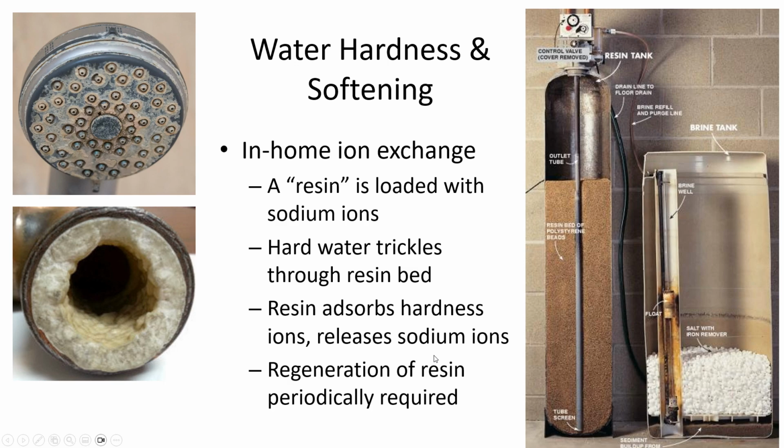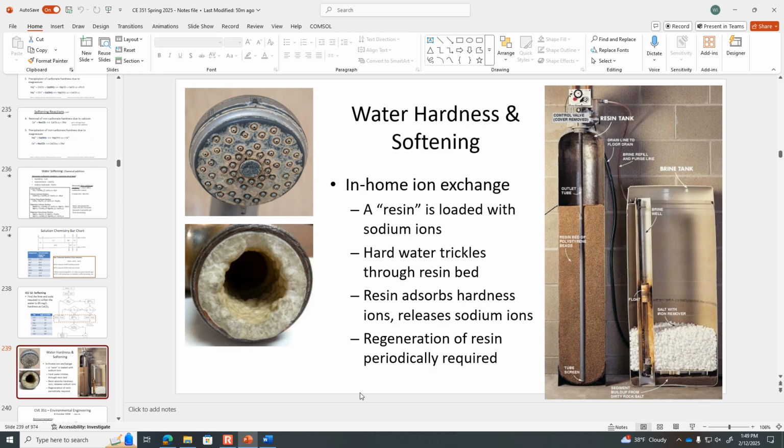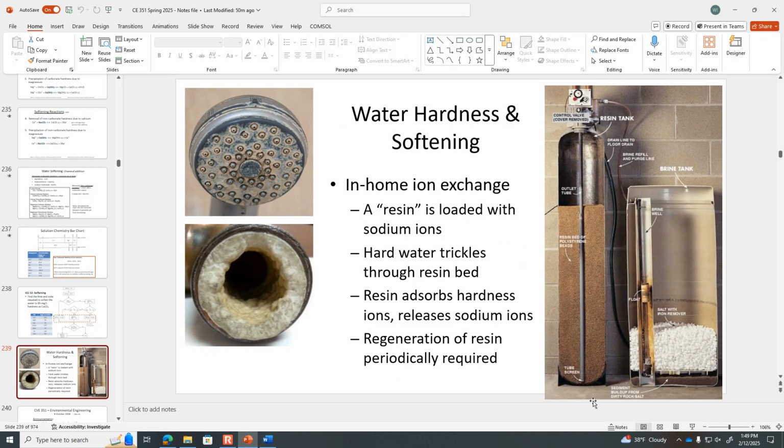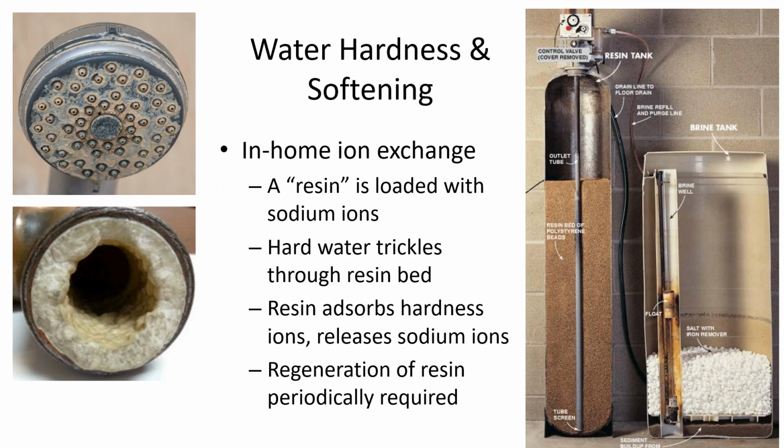And so, for example, if we had, like in our bar chart example, 333 milligrams per liter of calcium, you can take that out of the water if you replace it with something else. And the idea of ion exchange is that if you replace it with sodium, then you can strip out the hardness because you're maintaining the same overall charge in the solution, but sodium doesn't contribute to hardness because it's a monovalent cation.